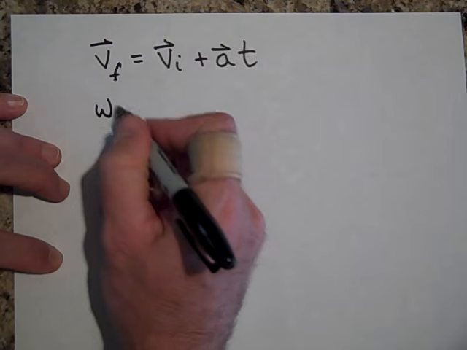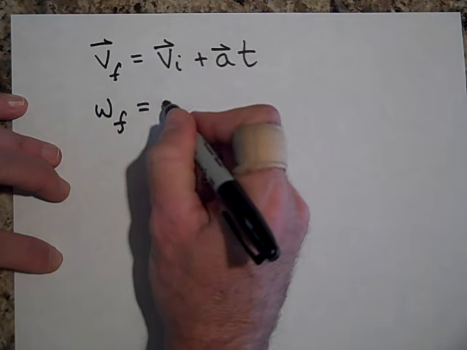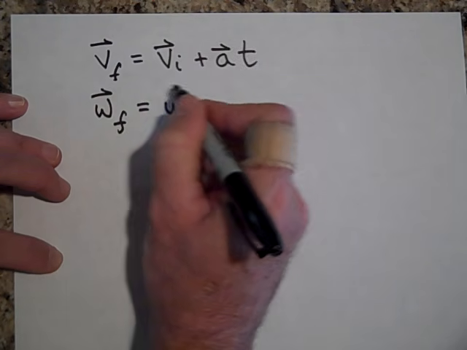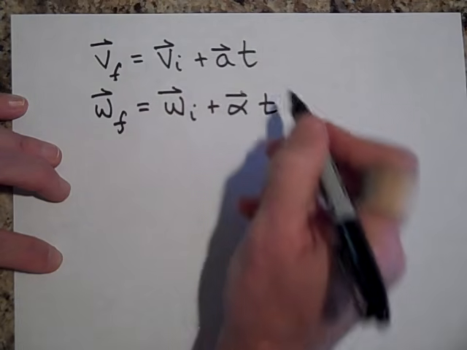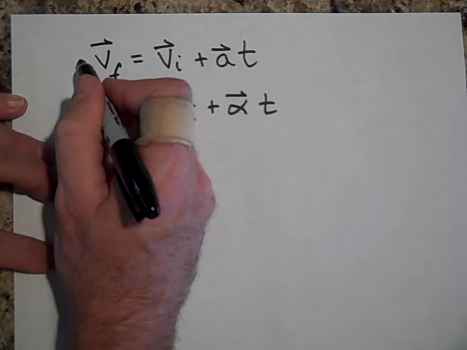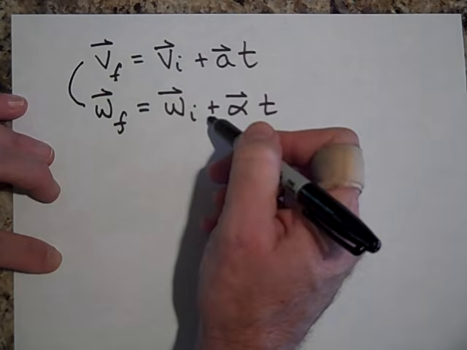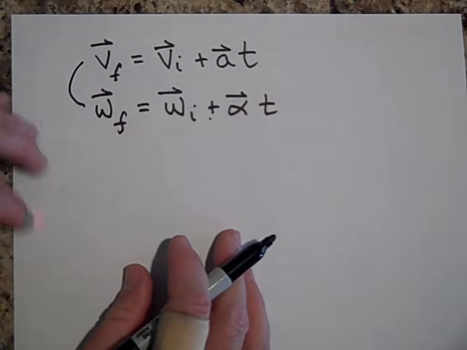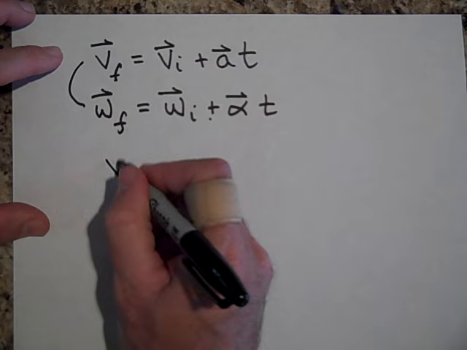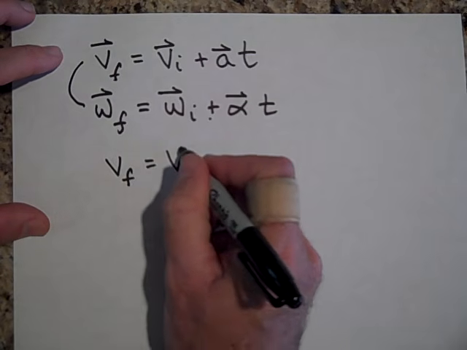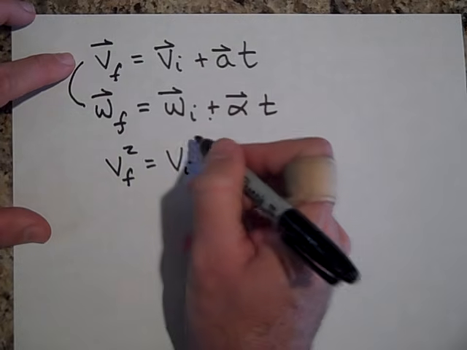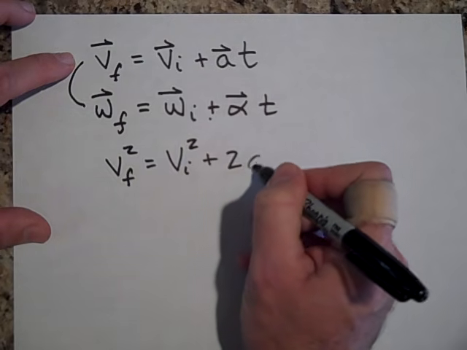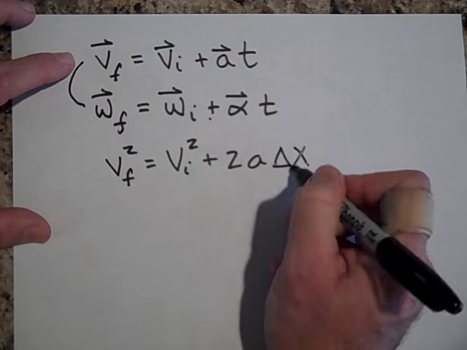It's omega final equals omega initial plus alpha t. Isn't that nice? So these two go together. This is for rotation, that's for linear motion. How about v final squared equals v initial squared plus 2a delta x?